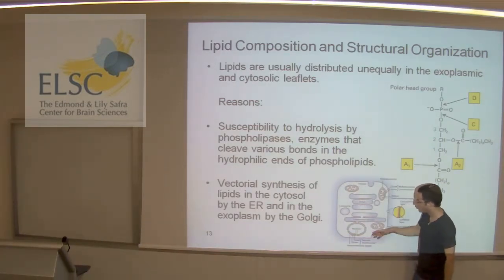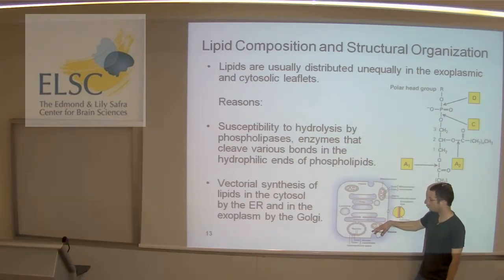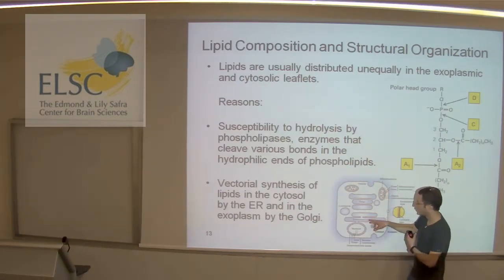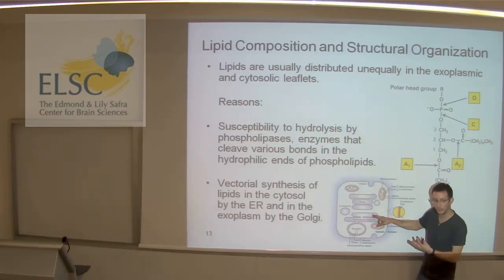So it's enough now for these two organelles to transport vesicles in an opposite orientation for more of a certain kind of lipid to be accumulated in the exoplasmic side, and more of a different kind of lipid to be accumulated in the cytosolic side.